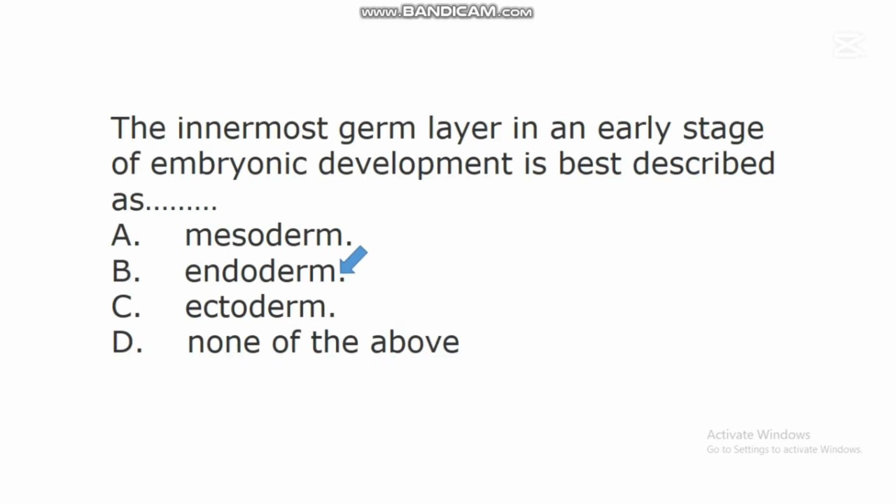Studies have shown that this endoderm is the innermost germ layer in an early stage of embryonic development. This germ layer known as endoderm plays a great role in enhancing proper embryonic development.